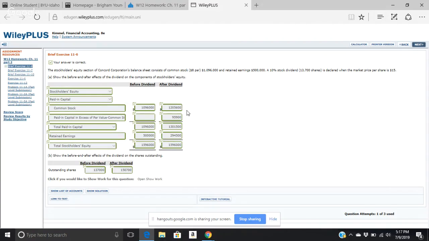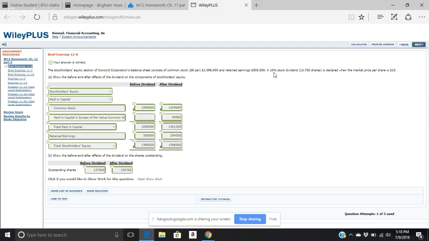And so to get the afters, we can see right here that the $1,096,000 added a 10% stock dividend.